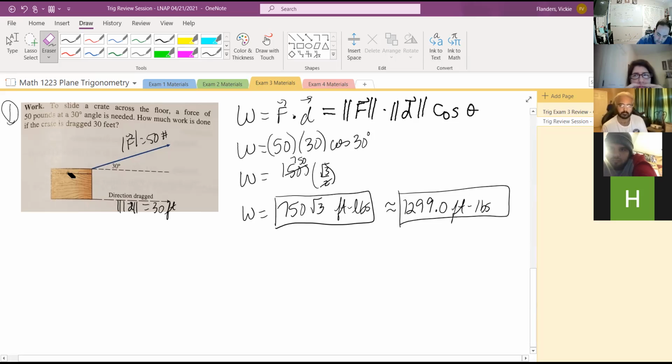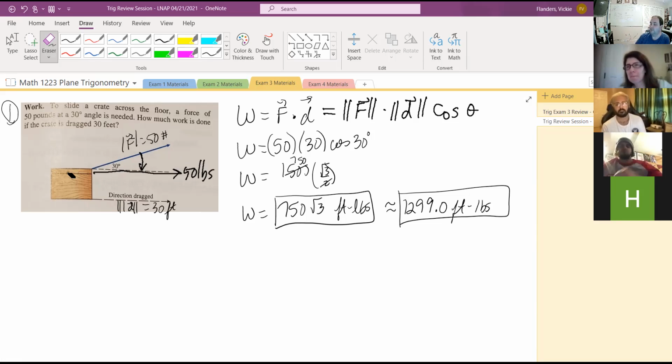If you could rotate this thing down further and make the full 50 pounds in the dimension of the distance, then you wouldn't have to worry about the angle, and you would just multiply the two things together. It would just be 50 times 30. 1500. And you get the full 1500 foot pounds, you see.